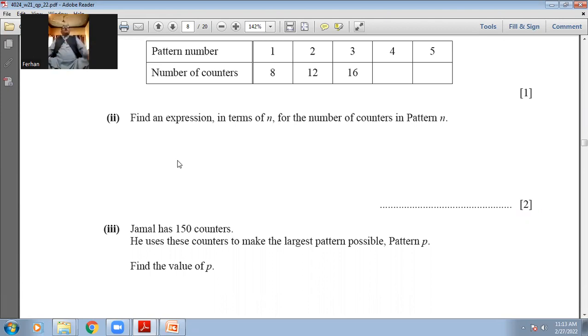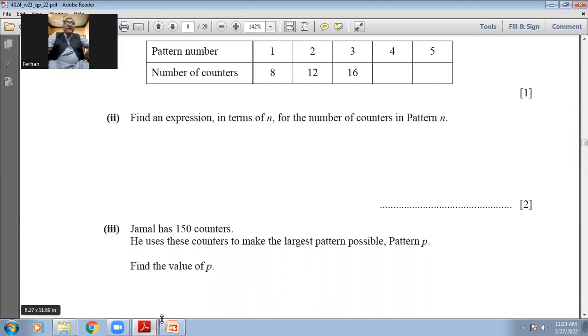So it's an arithmetic sequence, and I can find its nth term. The process is very simple. The formula is a plus d(n minus 1), where a means the first term of the sequence and d means the common difference, which is 4 here.